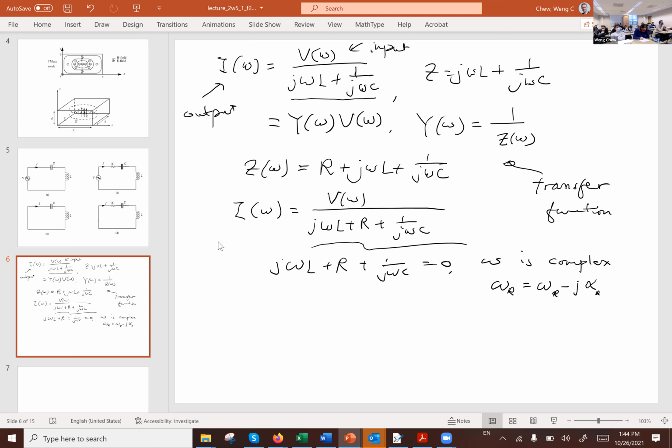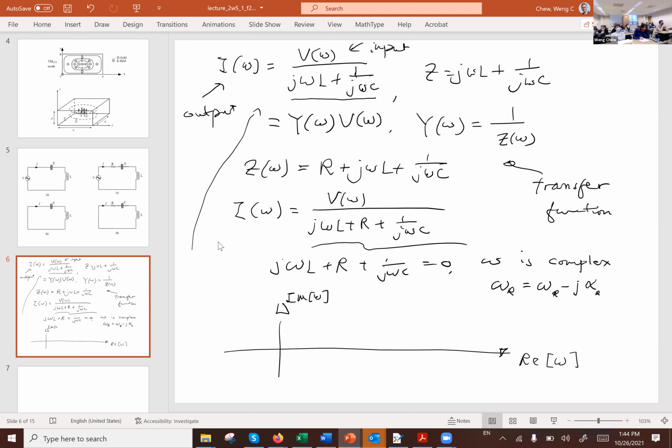And what it shows is that there will be a pole on the complex plane. In the first figure, there is a pole. This is real omega. For instance, if I were to look at this in the complex plane, the first one would have poles on the real axis. Actually, there are two of them. You can actually solve for the roots of these two poles.